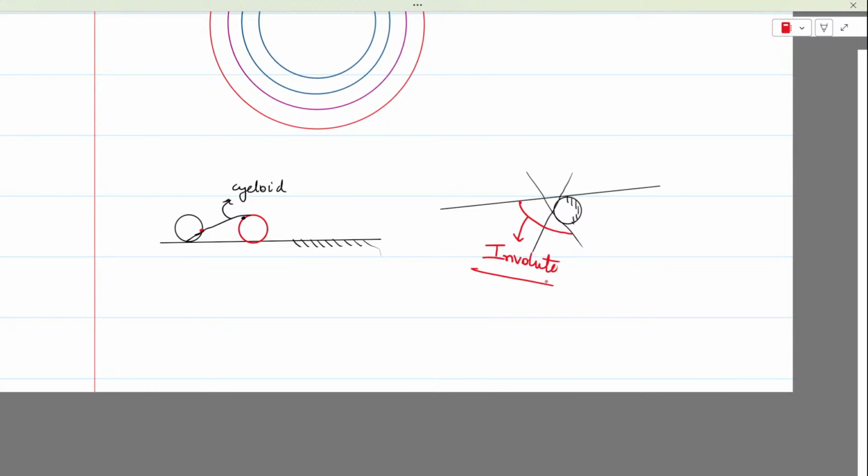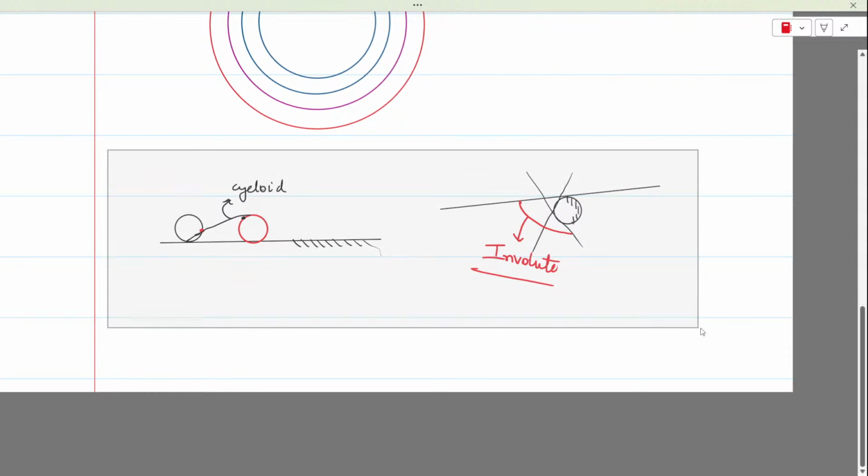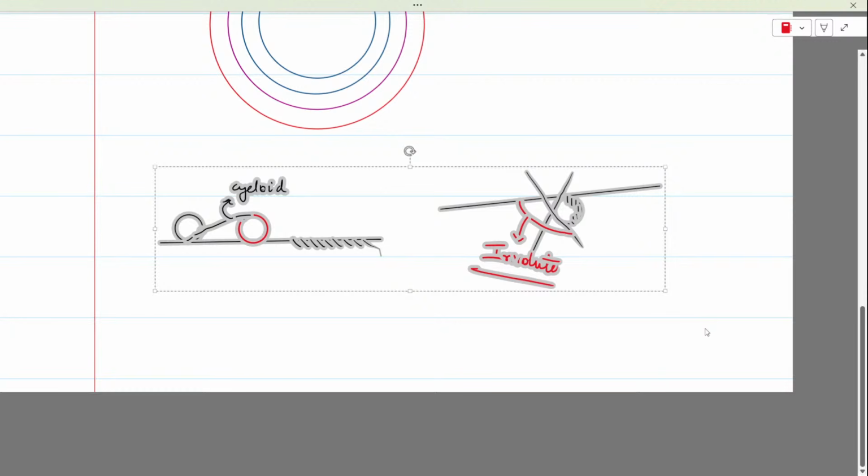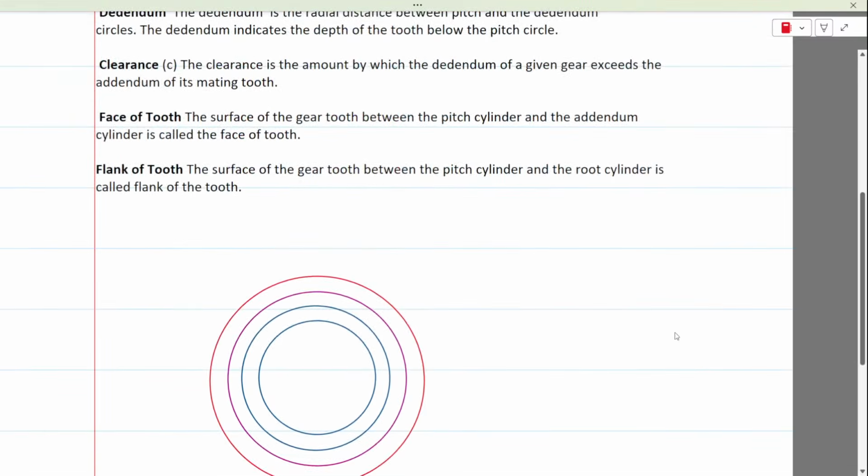You will be unwinding the thread from the spool, or winding the thread on the spool. So the locus of any point on the thread will give you an involute. Quite simple. It's not something you have to look for, it is what you do in your daily life.